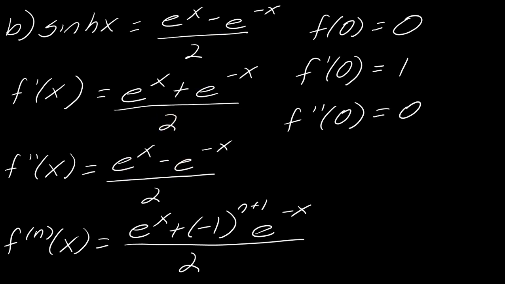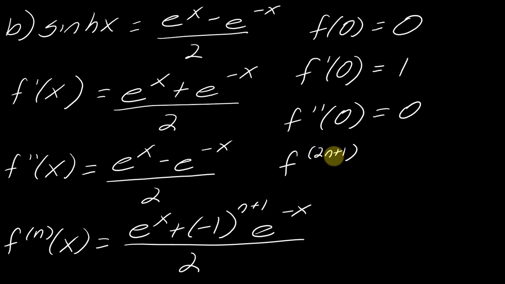Okay, so I feel like we're already seeing a pattern established. It's just going to be a bunch of zeros and ones. So for the nth derivative then, when is this going to be 0 or 1? I notice for all of the even derivatives, this always equals 0. So what I notice then is that if this is the 2n plus 1 derivative, because that will give me an odd derivative, all the odd derivatives are going to be destined to be 1.